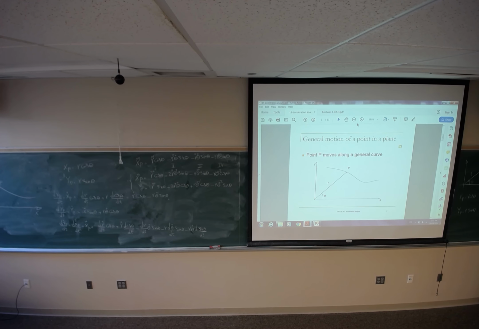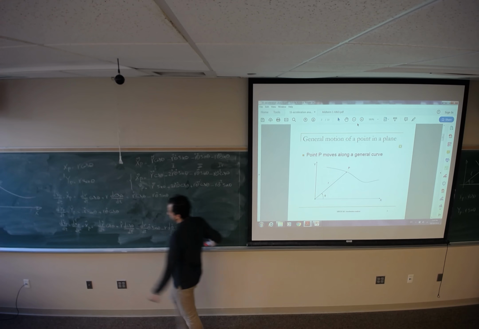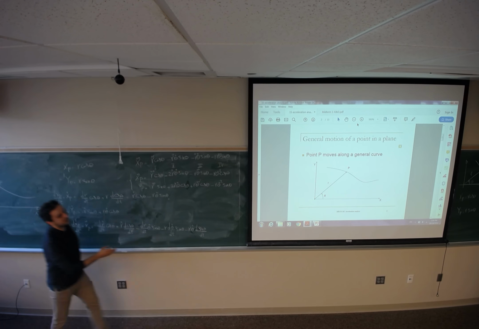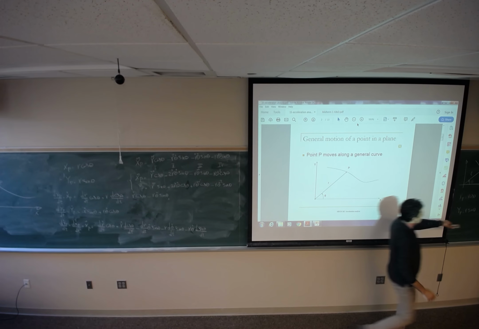So negative c sine of theta is c cosine of theta plus 90, and y is c sine of theta plus 90. So it can tell me point C is going to be somewhere with a 90-degree angle from point P. So it's going to be perpendicular to vector OP because the angle is 90-degree offset from theta.